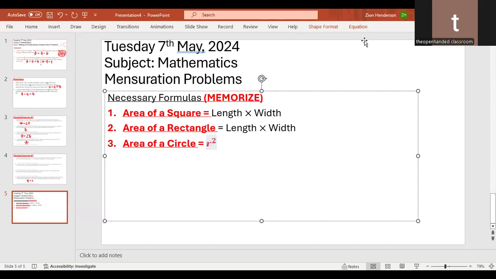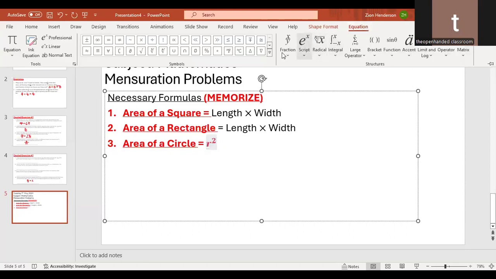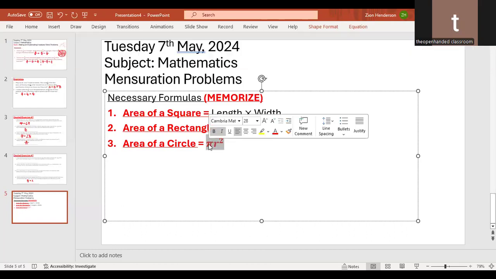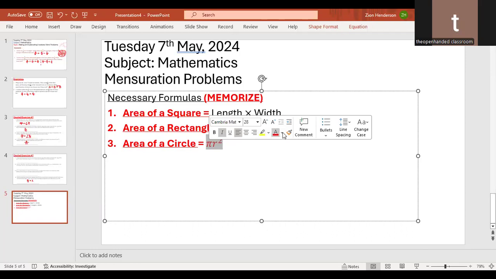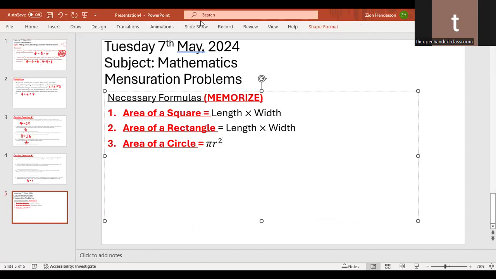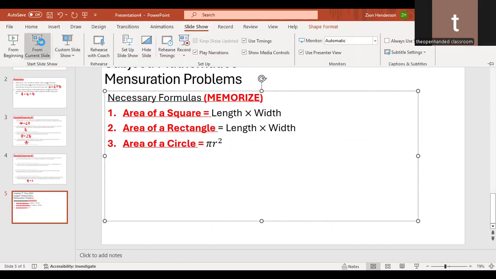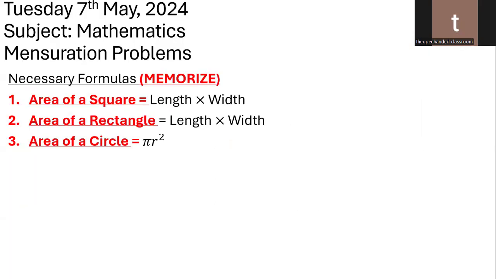What is pi equal to? 3.14. Pi is equal to 3.14. What else could pi be equal to? 22/7. Remember, it depends on what the question says. The question could tell you that pi is 3.14. That's the most familiar and prevalent way for them to express it.